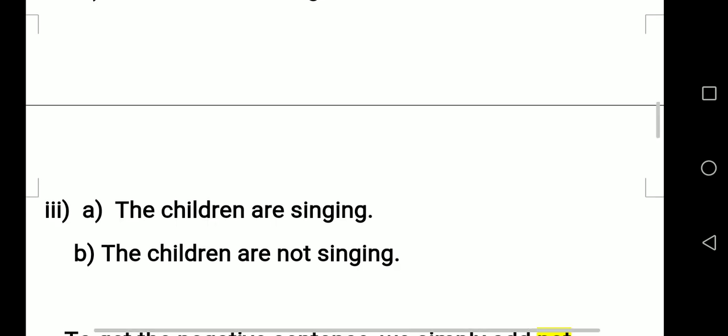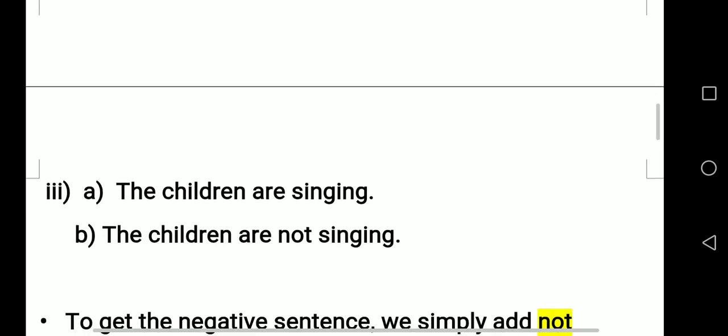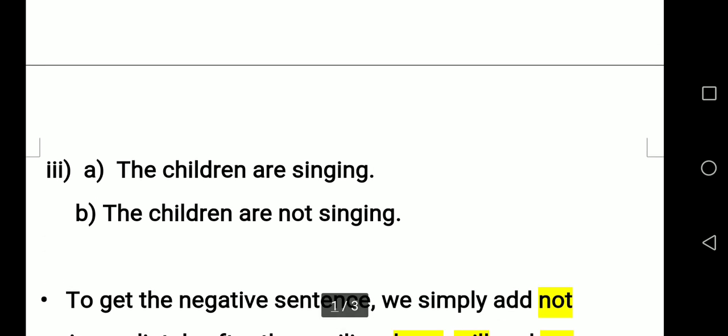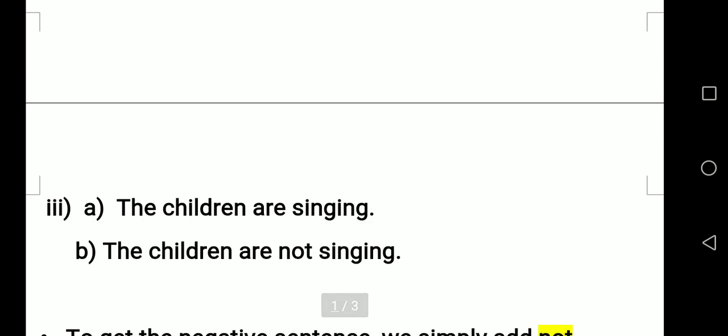They have found the fuse box becomes they have not found the fuse box. It will rain tonight becomes it will not rain tonight. The children are singing becomes the children are not singing.